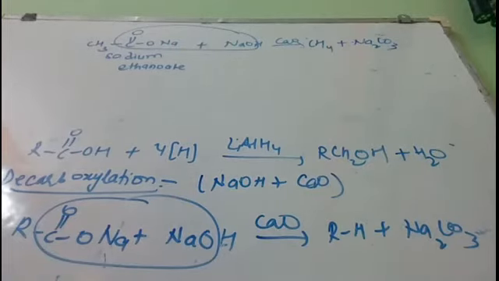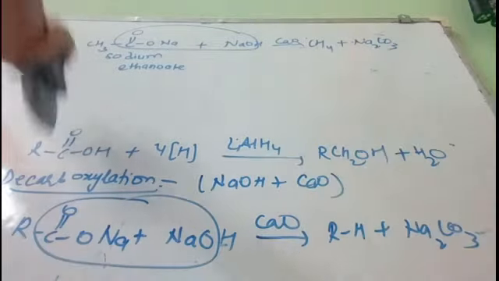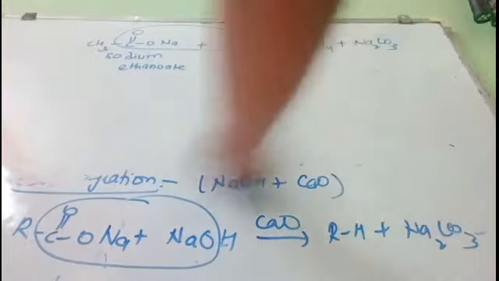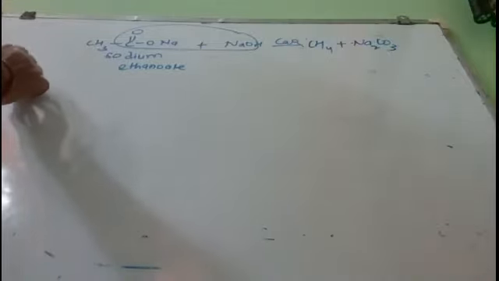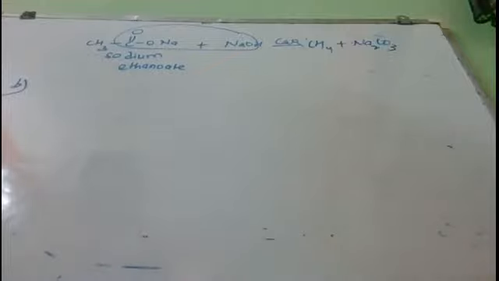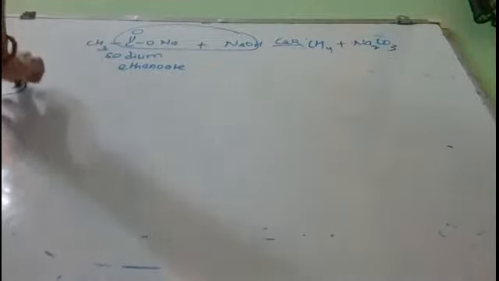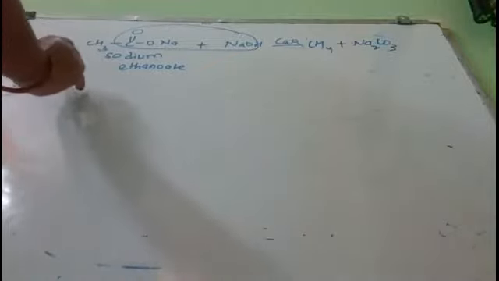Okay. Now next we will study Kolbe's electrolysis. That is the method which you have already studied in the first year. This decarboxylation also you have studied in the method of preparation of alkanes. So next one, that is in the reactions involving carboxylic group, this is the third one, that is we will study Kolbe's electrolysis.